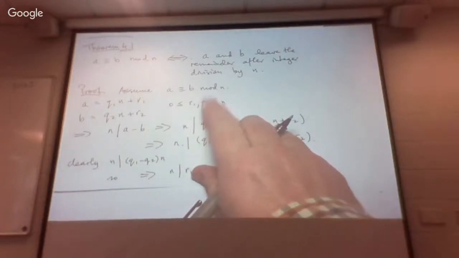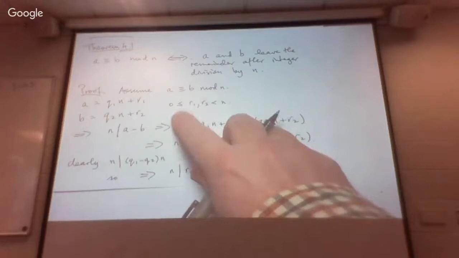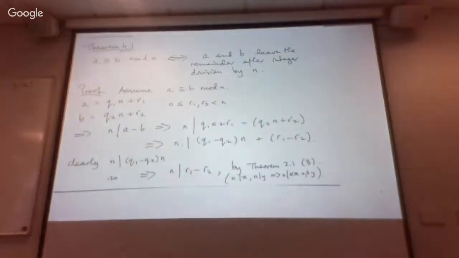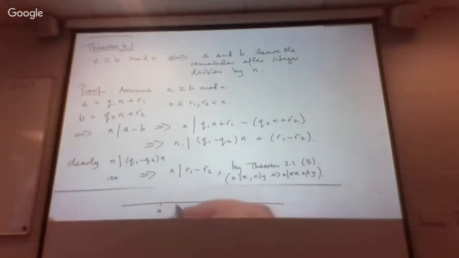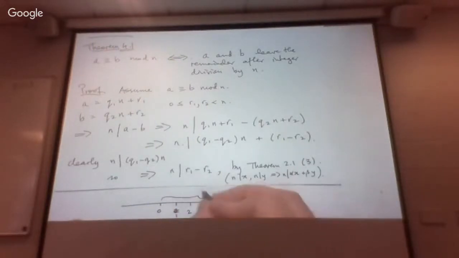Strictly to the left of n, but greater than or equal to 0. So if you think of your integer number line here, I know R1 and R2 are living somewhere in that range.